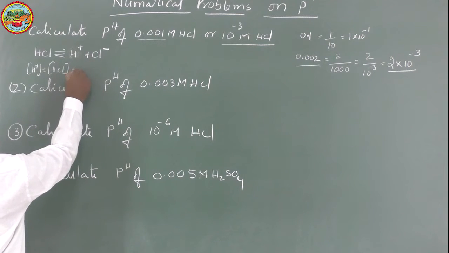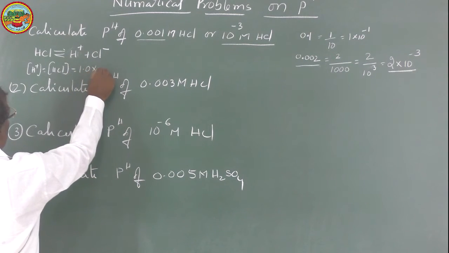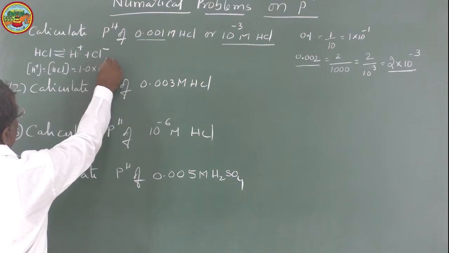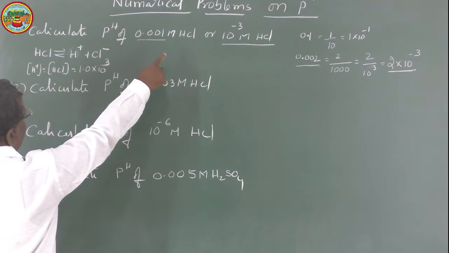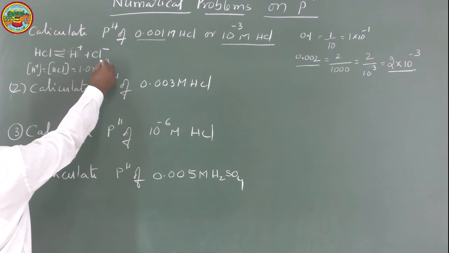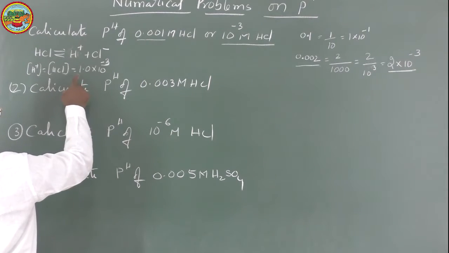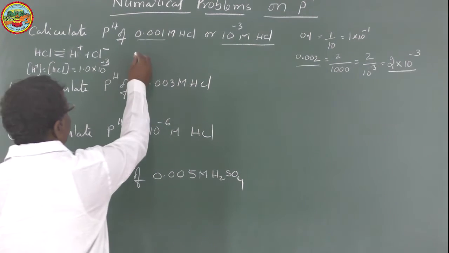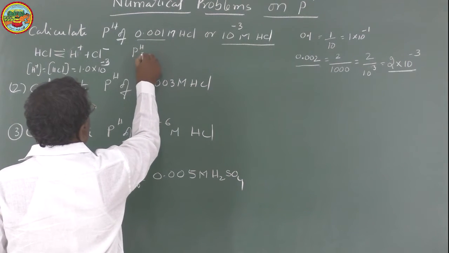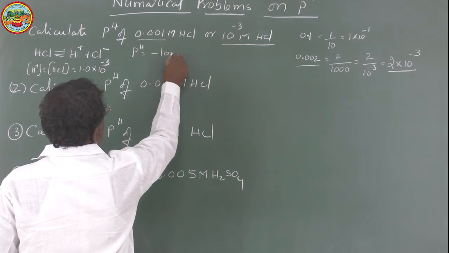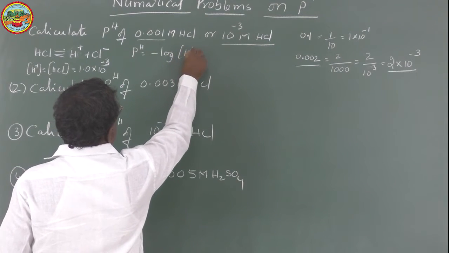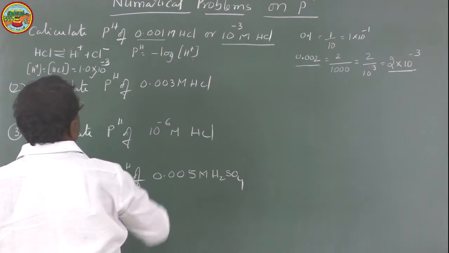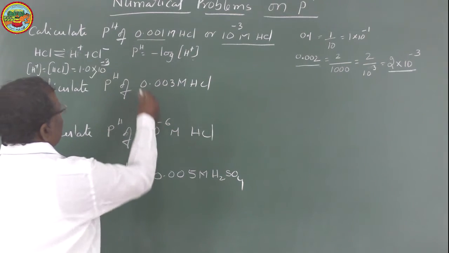The concentration of HCl was given, it is 1.0 into 10 to the power minus 3. 0.001 means 1 into 10 to the power minus 3. Whether we write 10 to the power minus 3 or 1 into 10 to the power minus 3, it makes no difference. Now, pH is equal to minus log concentration of H plus. The concentration of H plus is 1 into 10 to the power minus 3.